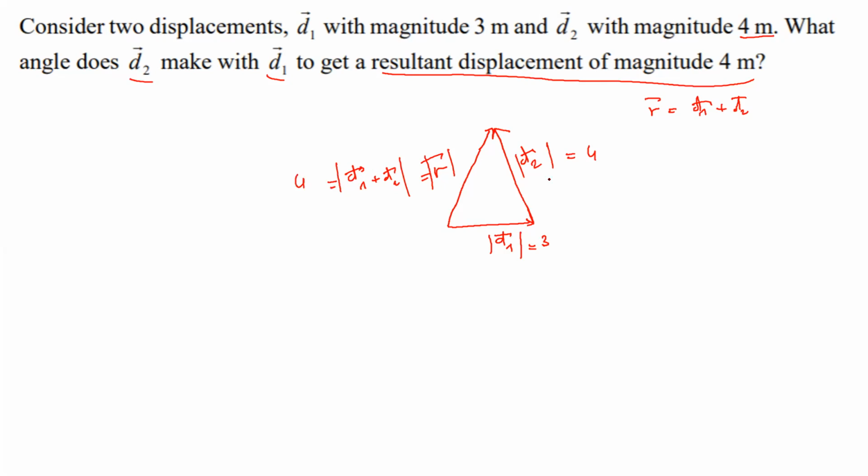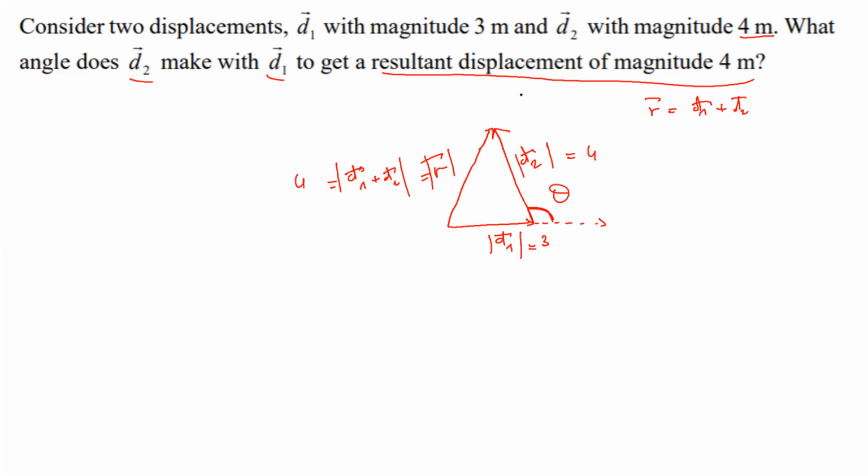Now the question is, which angle should D2 make with D1? So basically, this is D1, right? So let me put it here. This is D1, and this is D2. I want this angle here. Let me call it angle theta, because that's the question.